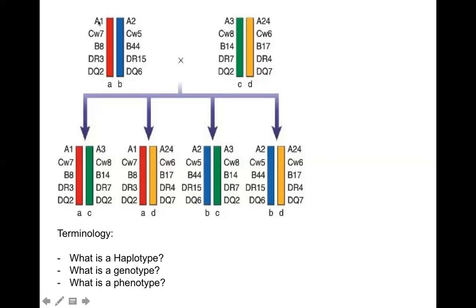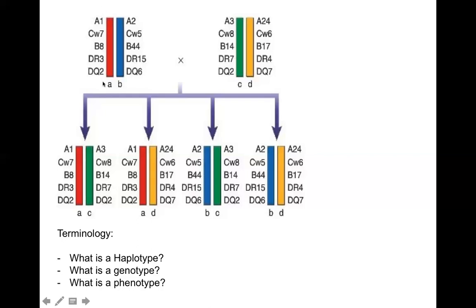So instead of, let's say, A1, CW7, B8, and DR3, DQ2 all getting passed on together, maybe only 4 of those get passed on, and the 5th comes from here. That's known as a recombination. It's rare, but you need to be aware of it. But like I said, most of the time, the entire half moves over as a complete package.